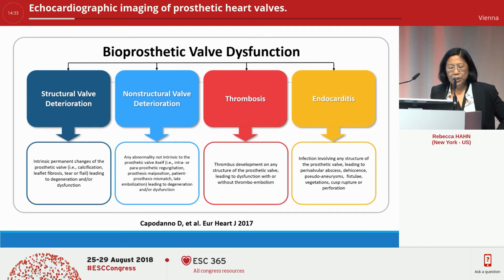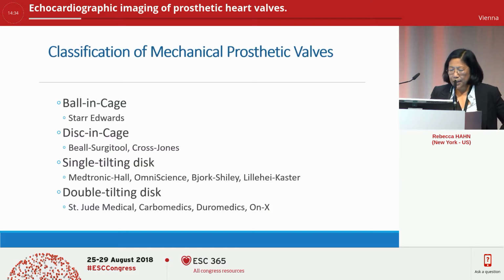Structural valve deterioration is intrinsic to the valve itself, permanent changes of the prosthesis involving calcification, fibrosis, or leaflet tearing, versus non-structural, which is paravalvular regurgitation, for instance, or malpositioning, so in the setting of transcatheter valves now, malpositioning or late embolization. And then thrombus and endocarditis are their own specific entities.